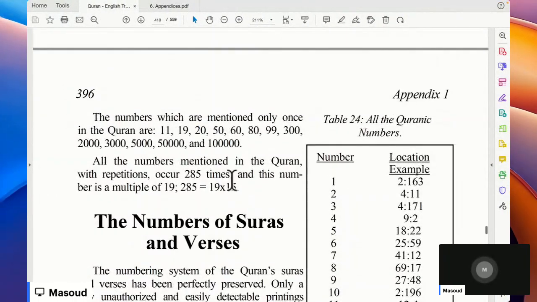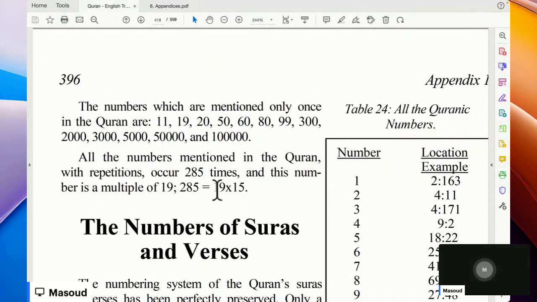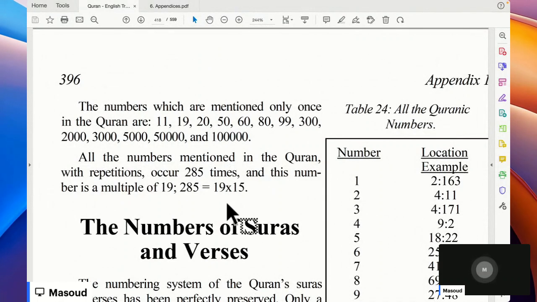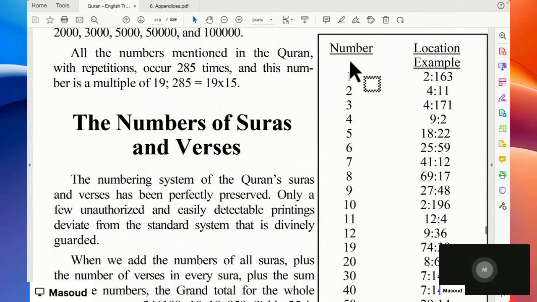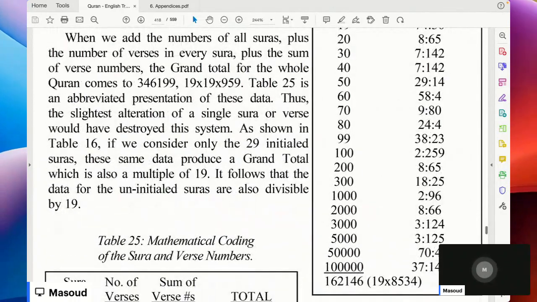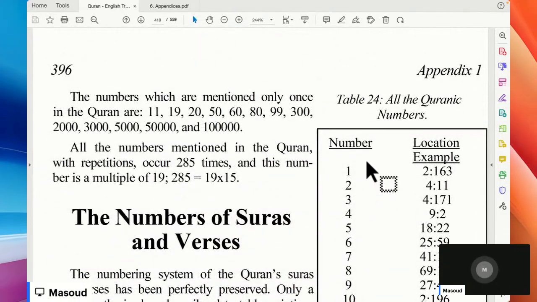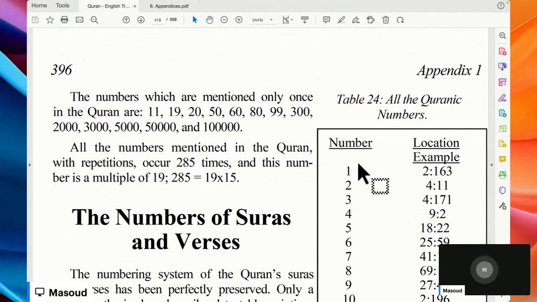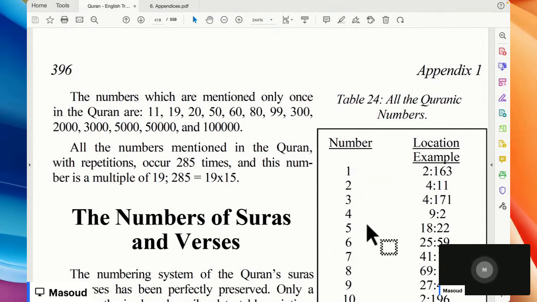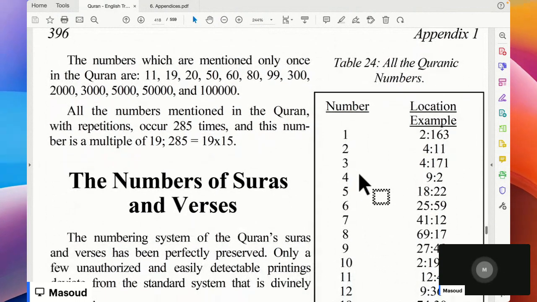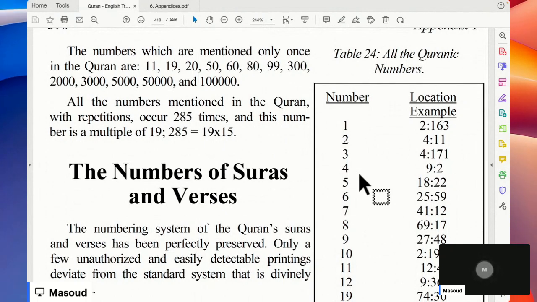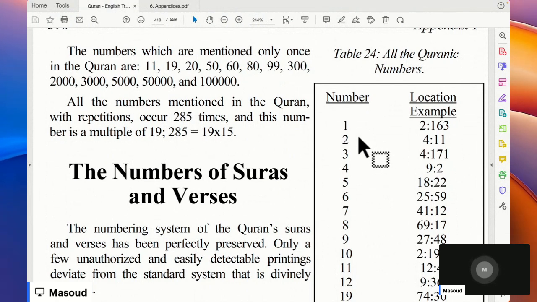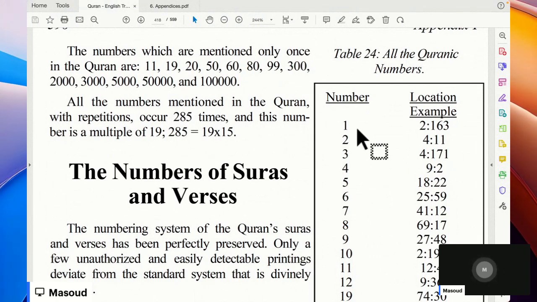Now, there is another fact mentioned here. It says that all the numbers mentioned in the Quran with repetitions occur 285 times, and this number is a multiple of 19, meaning that all the numbers that have occurred in the Quran with repetitions, I don't know how many times each one is repeated, but I'm sure that if you search for them on our website, for example, taslim.org, you would be able to find the verses where these numbers are repeated.